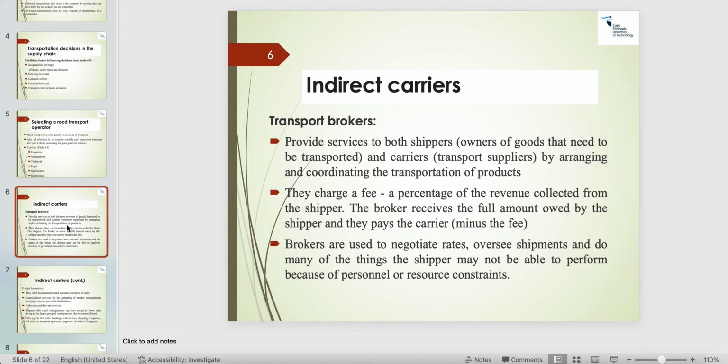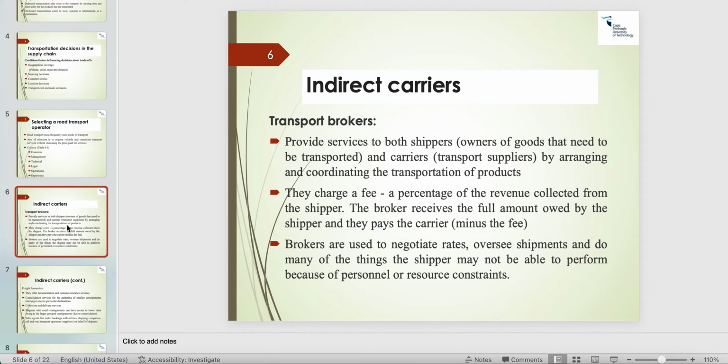Now, out of these indirect carriers, the first one is a transport broker. A transport broker is basically a company that provides services to both the owner of the goods that need to be transported and also to the carrier, which means the person that is carrying or transporting your products. They also charge a fee, obviously, which is a percentage of the revenue that is being collected, and the broker in turn receives the full amount that is owed by the person who is shipping it.